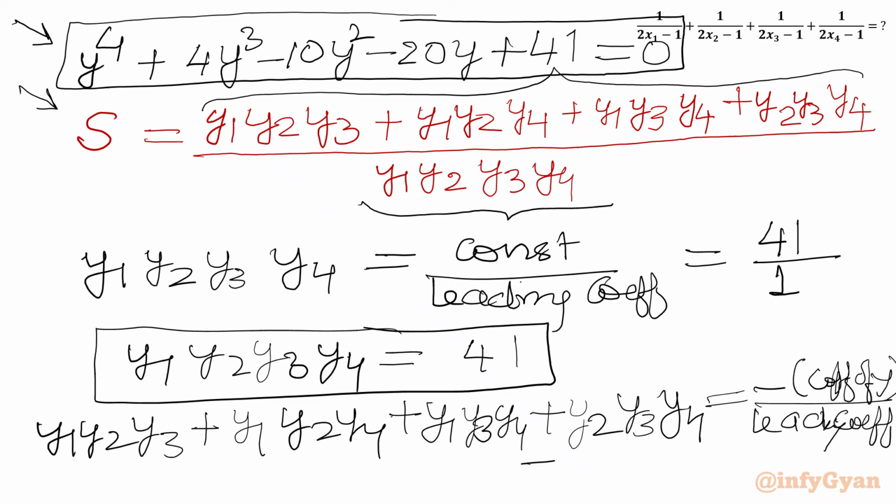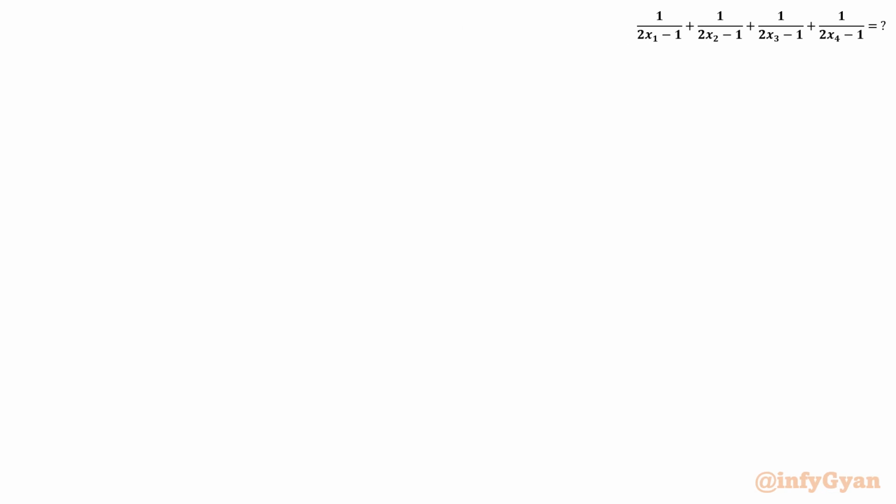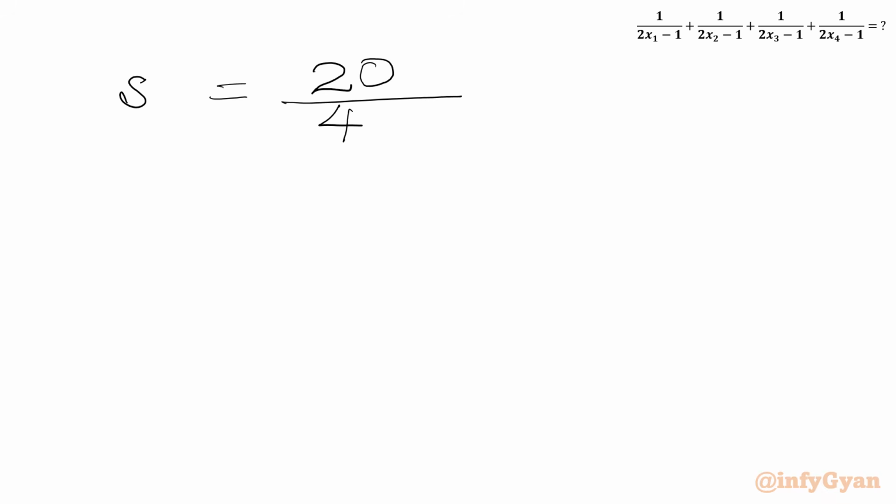So this will be equal to minus of minus 20 over 1, which gives us 20. So we are going to get S equal to the sum of roots taken 3 at a time, 20, over the product of roots, 41. So our final sum value is 20 over 41.